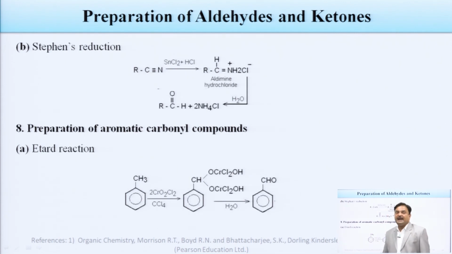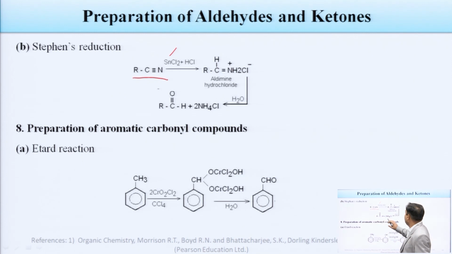The next important reaction is the Stephen reduction. Here again the nitrile gets reduced, but we are using a different reducing agent. As in the previous reaction for the reduction of nitrile we used lithium aluminum hydride, in place of lithium aluminum hydride we will use SnCl2, that is stannous chloride, and HCl. So, here you can see we are using nitriles in the presence of SnCl2 and HCl.